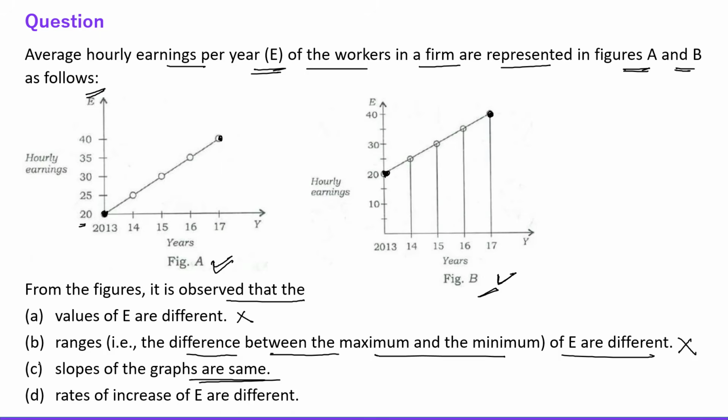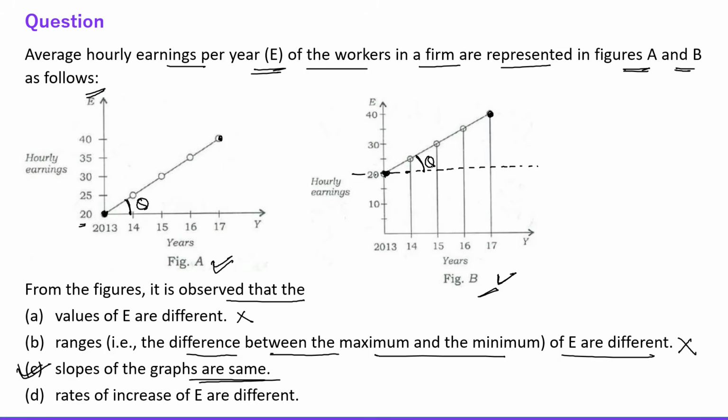Yes, in both graphs we have the same slope, everyone. Slope means the angle with the x-axis. So the slope of both graphs is the same. This is the correct option.